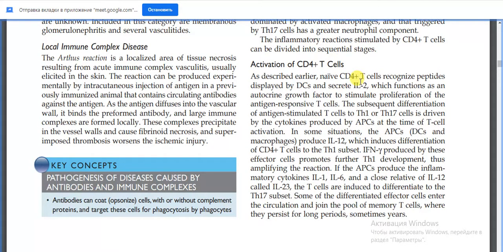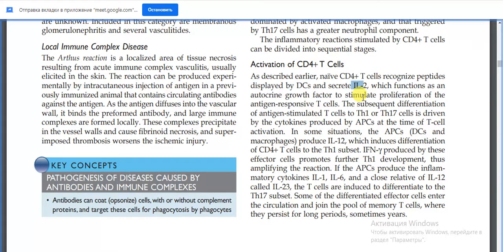I remind you, CD4 positive cells are activated predominantly by dendritic cells, because dendritic cells possess MHC2. The antigens are displayed by MHC2 on dendritic cells, and the naive CD4 positive T cells read the information from the dendritic cell, and due to this, interleukin 2 is produced. It acts as an autocrine growth factor to stimulate proliferation of antigen-responsive T cells.